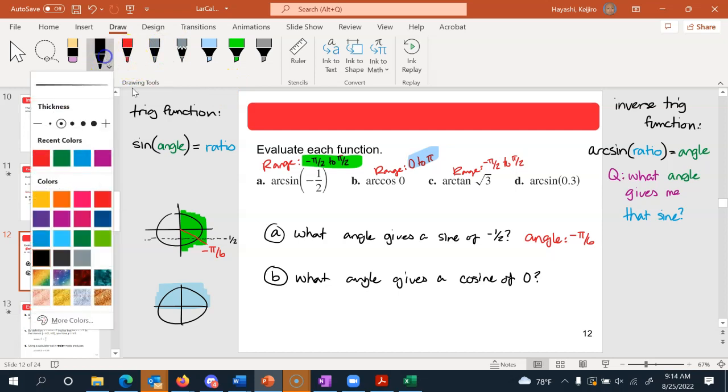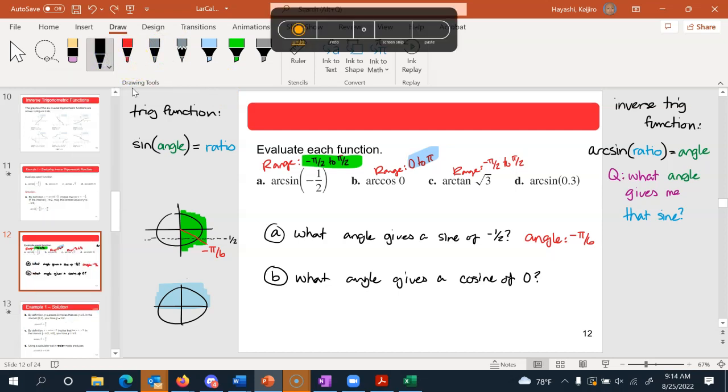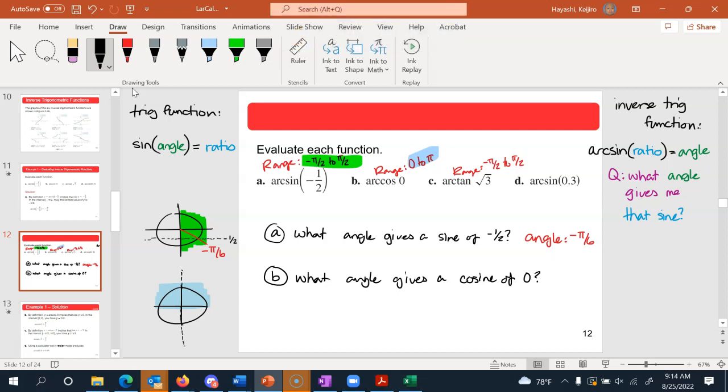Which means that we're looking basically here. And there's only one angle that does that. That is the angle pi over 2. That is the only angle within that range that has a cosine of 0. So the answer to that is pi over 2.